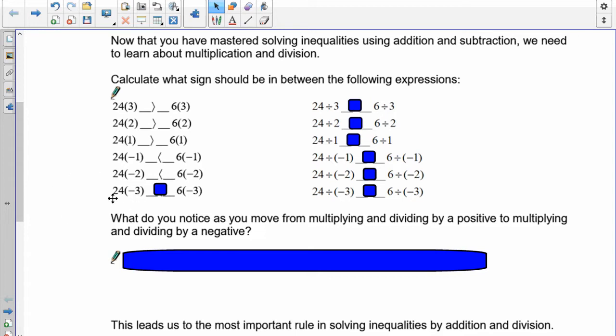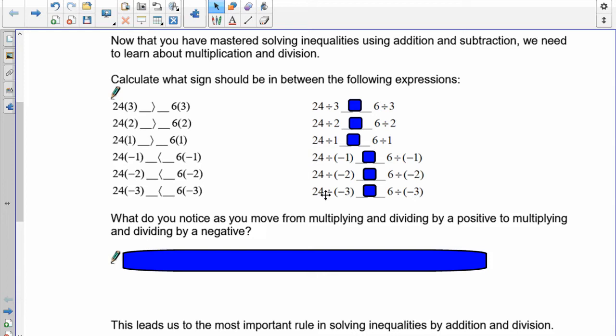Negative 3 times 24 is negative 72. 6 times negative 3 is negative 18. That means, again, this here is smaller. So look what happened here. As we multiplied by positives, the sign just stayed the way it was. The moment we switched to a negative, the sign reversed. It changed its direction. Now, let's go see what happens for dividing.